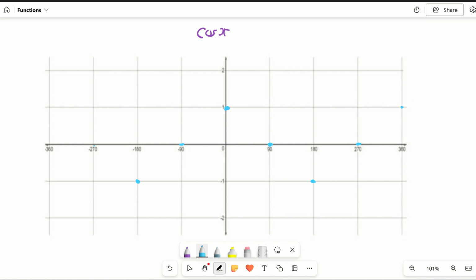I'm going to draw it shortly. Sharp. So this is how the graph of cos x looks.